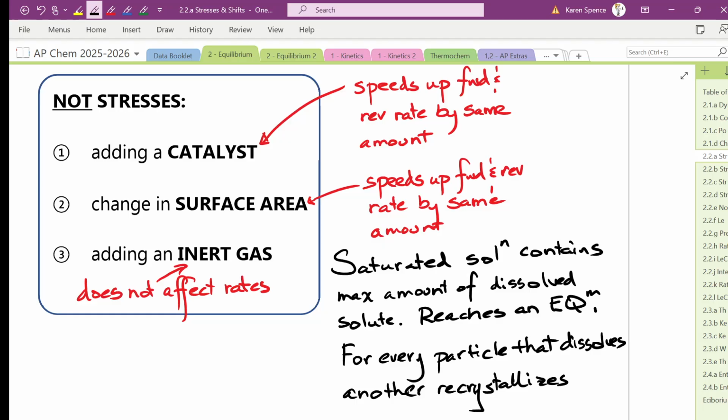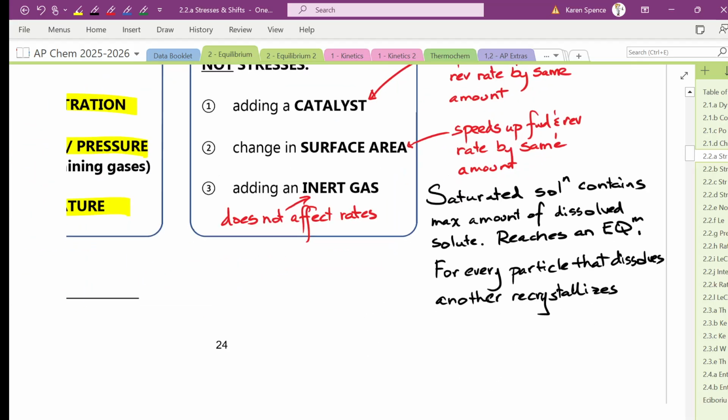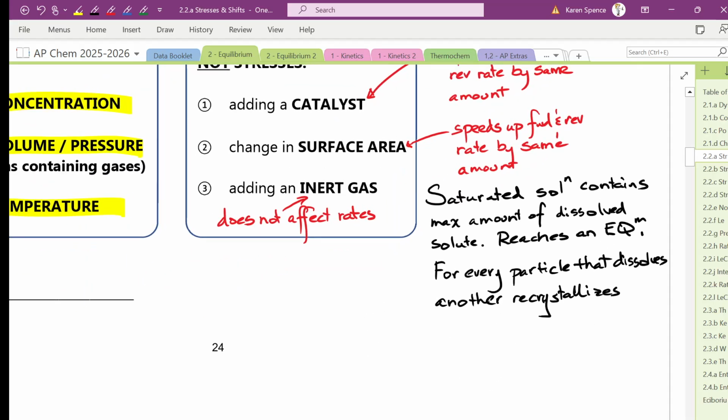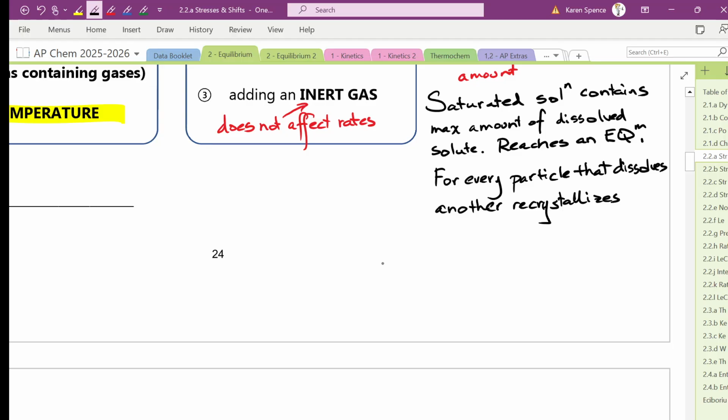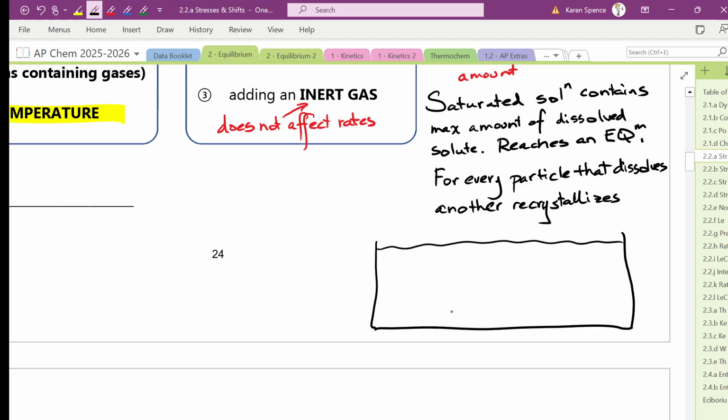Okay. So this is a situation where we have a surface, right? We could have a large surface where here's our beaker, and we have AgCl solid, and it dissolves into Ag+ and Cl-.